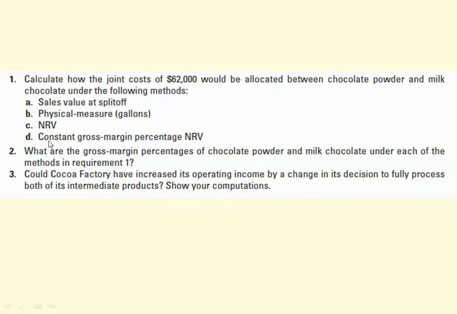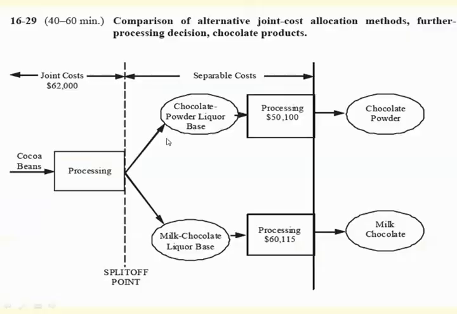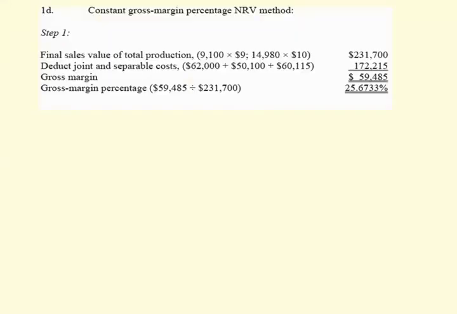Requirement D, constant gross margin percentage. Constant gross margin percentage is calculated in two steps. Step number 1, we calculate final sales value of total production for the two products.